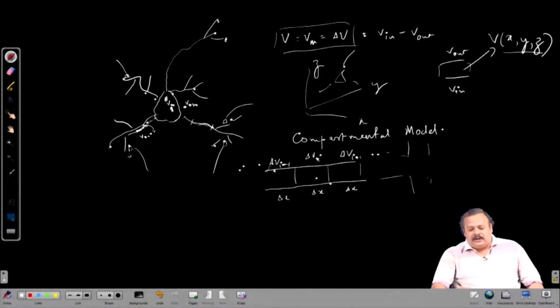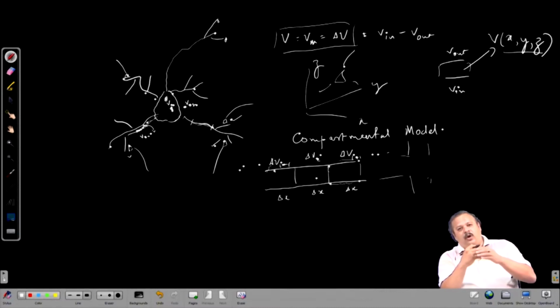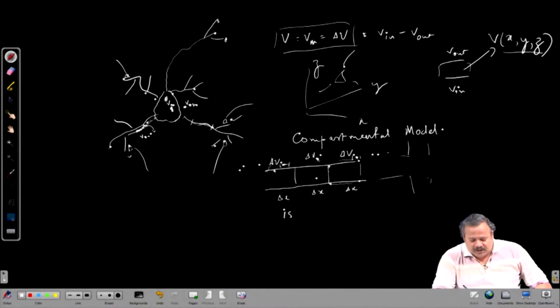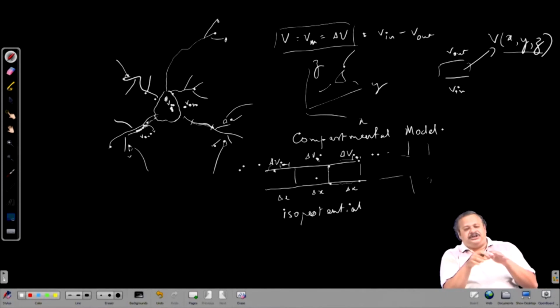So, here the assumption is that this patch of membrane, or this cylinder with a hollow inside, which has the intracellular solution, and the outside has extracellular solution, this entire membrane patch is isopotential. That is, there is no drop or change in voltage along this surface.